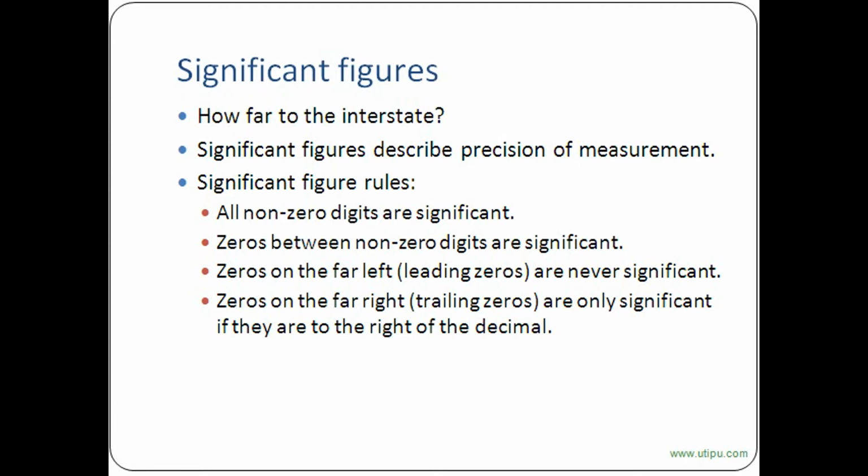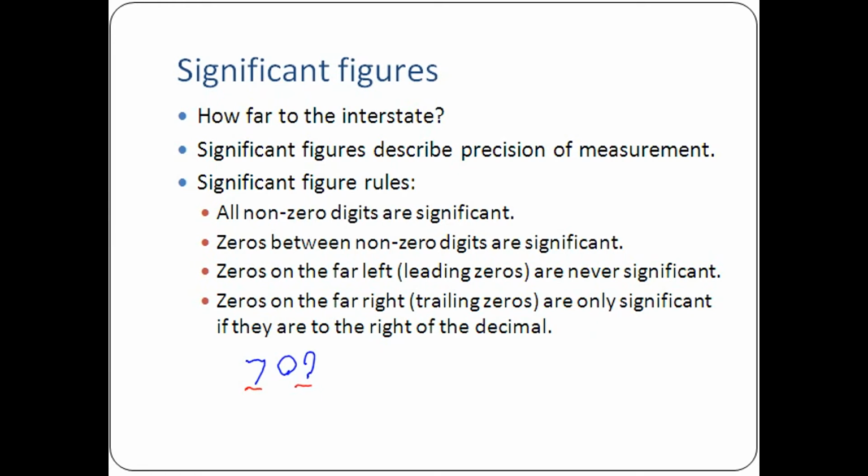Let's take a look at how this would work. Suppose we had a number like 709. We want to figure out how many significant figures this number has. First rule: all non-zeros are significant. Is the 7 a non-zero digit? Yes, so it is significant. Is the 9 a non-zero digit?